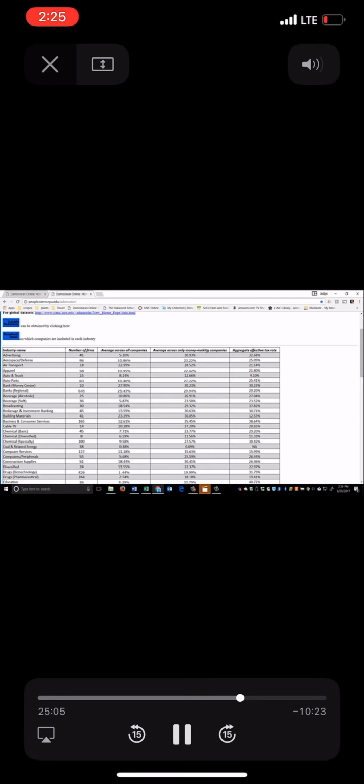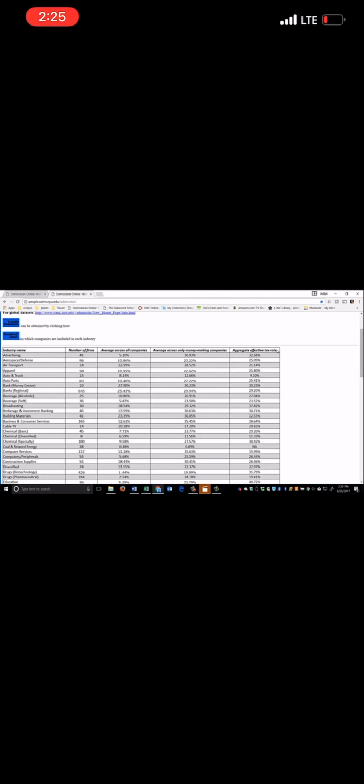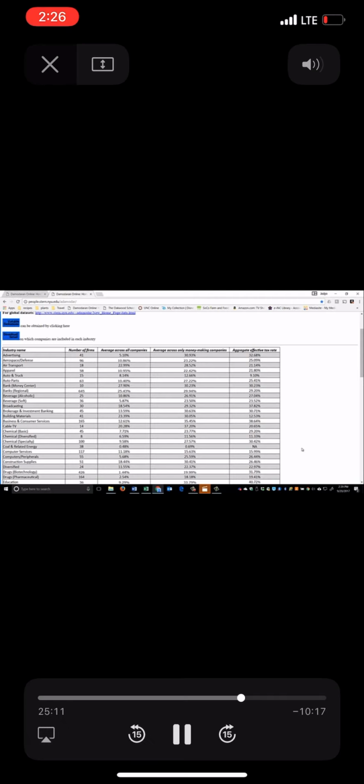So if you have not lost money over the past 5 years, you'll choose one of these. And honestly, I can't give you any theory that would tell you which one is better. If you're trying to be relatively conservative, you might want to overestimate the tax rate, and so you might want to pick the one that's higher.